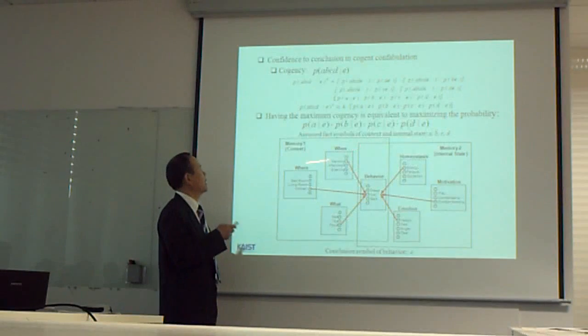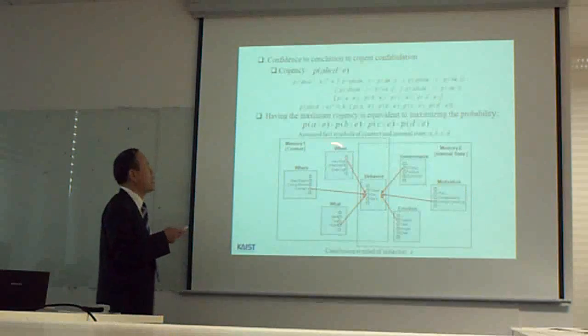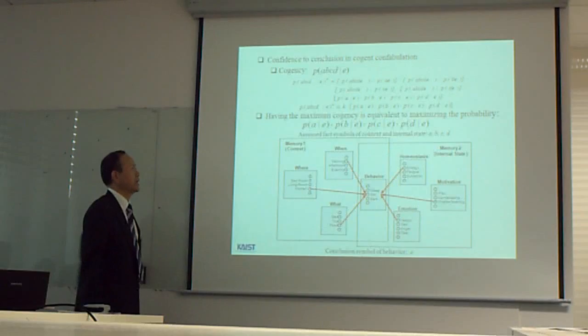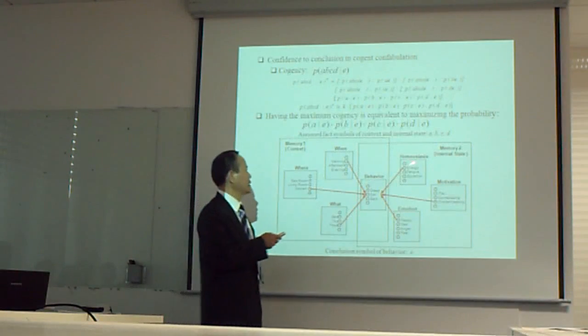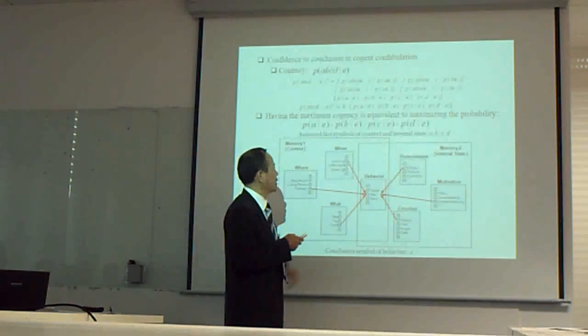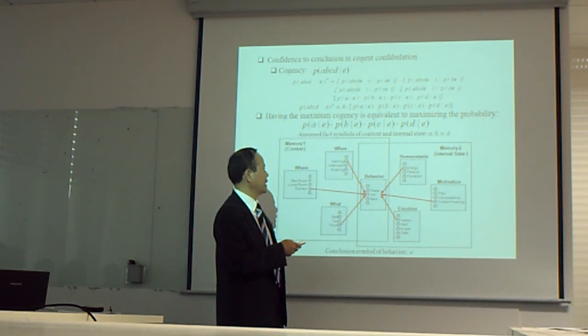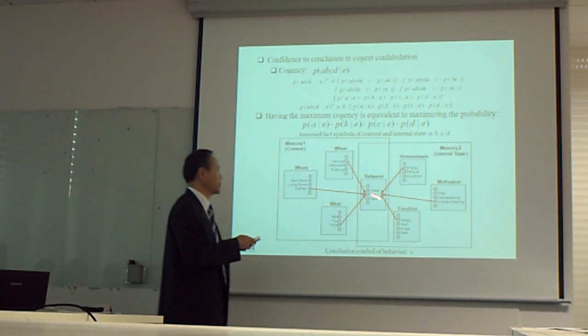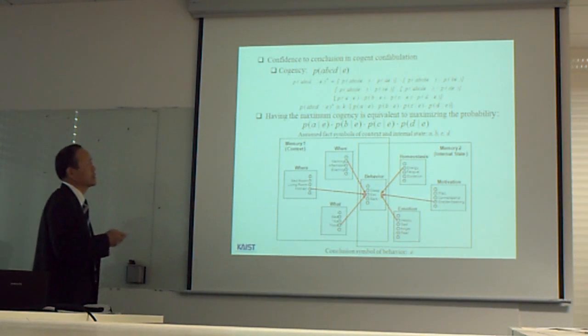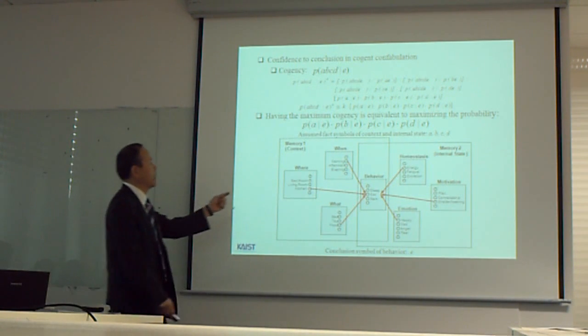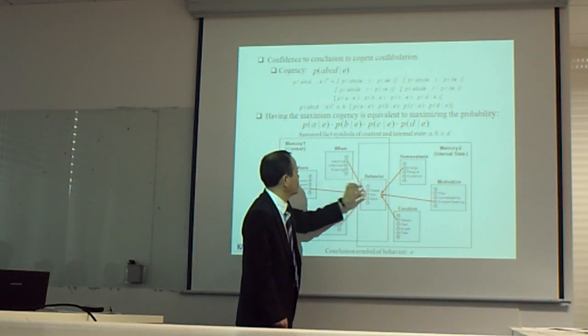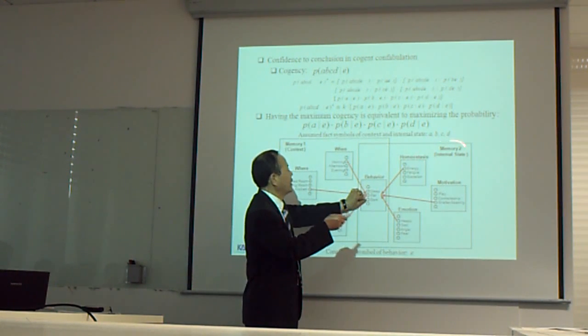So at that time, I classified this context information: when, where, what. And this memory holds the conditional probability between homeostasis and these behaviors, and motivation and emotion. By calculating these cogents, the highest one is selected as the suitable one in this situation.